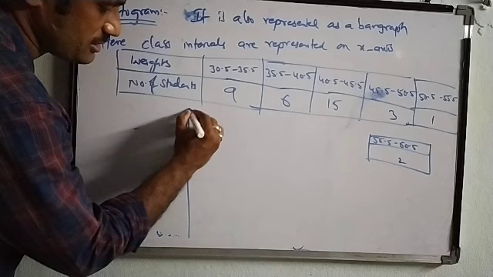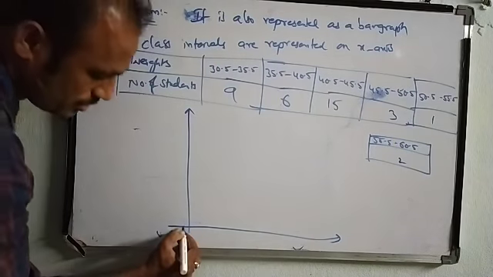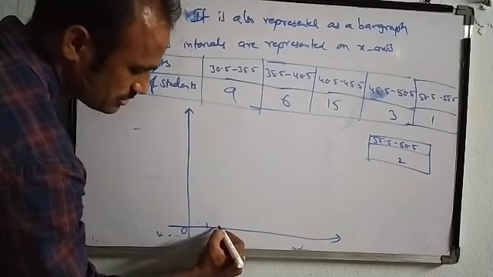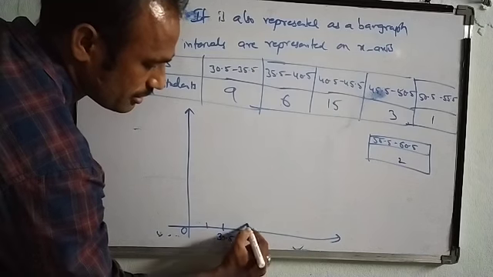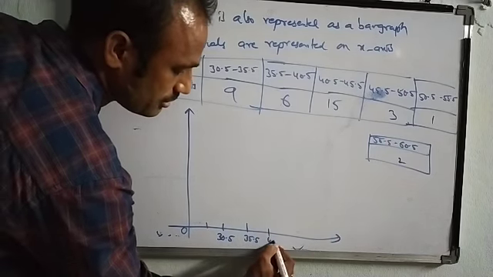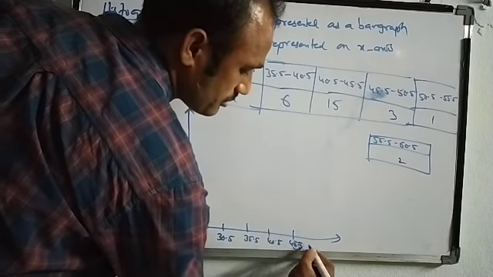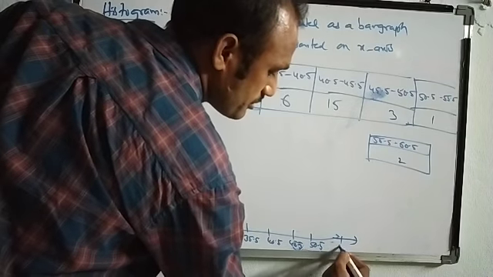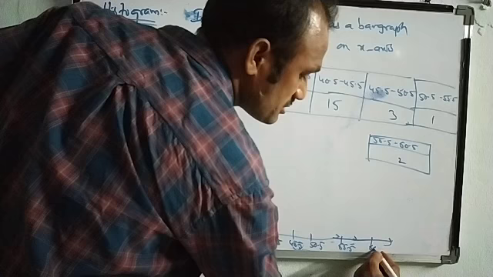As I have already said, on the x-axis we have to take the class intervals, which are continuous. Before representing it we are going to leave one box first, and thereafter we will start. The first one is 30.5, next 35.5, 40.5, 45.5, 50.5, 55.5, 60.5.